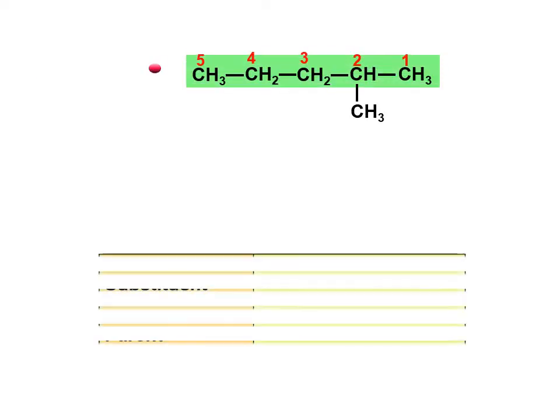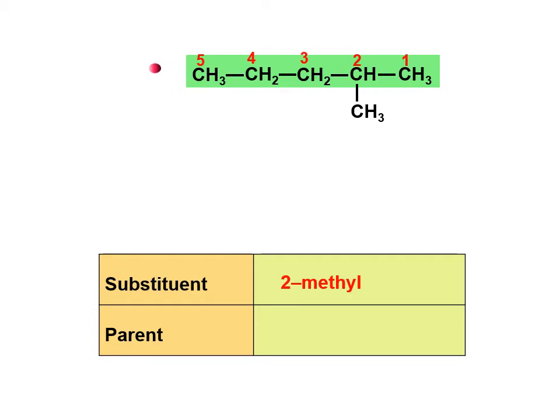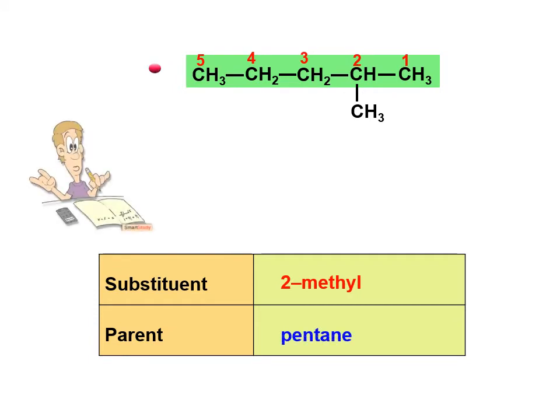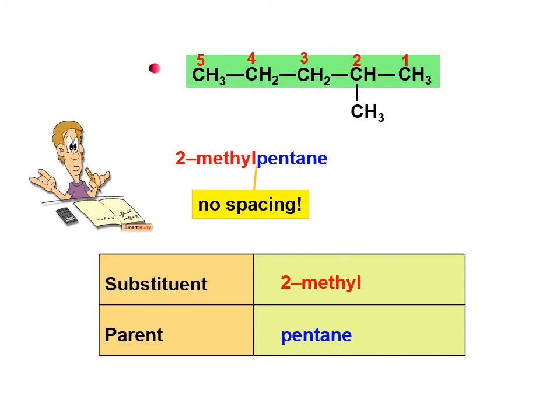Example: for this compound, the substituent is 2-methyl, and the parent is pentane. The name of this alkane is 2-methylpentane. There is no spacing between substituents and parent. The parent name is written last; the substituent and its position must be in front of the parent name.